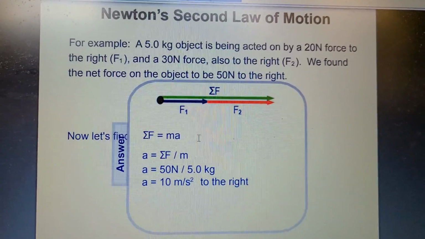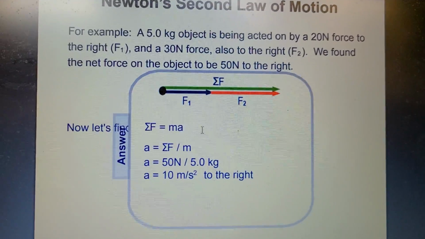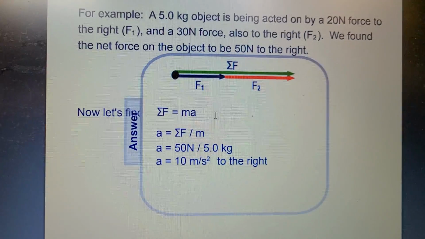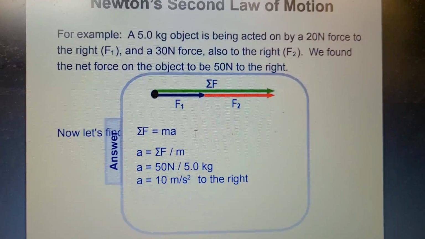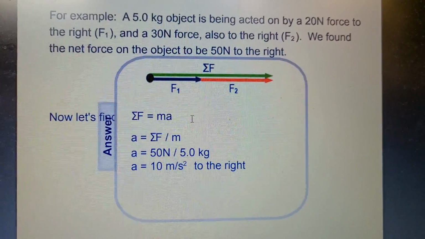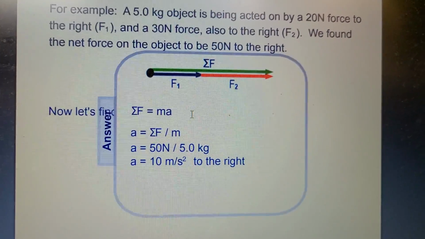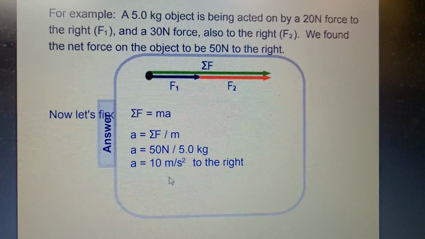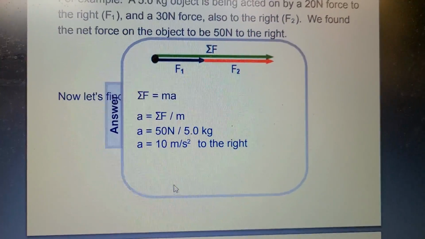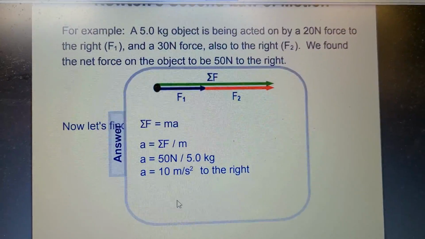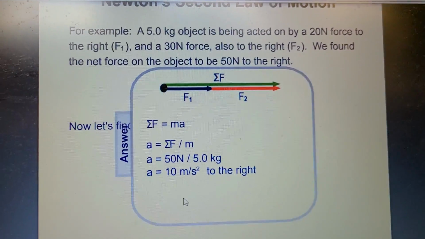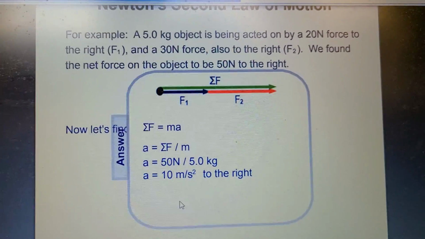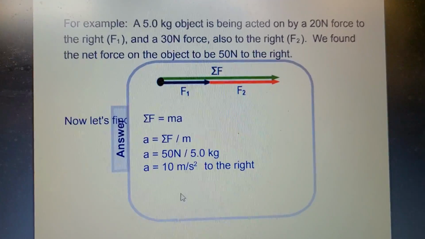That would be the new equation you use. So when you plug in the 50 Newtons and the 5 of mass, you're going to be dividing, because the opposite over here was multiplication. And when you divide, you should get 10 meters per second squared to the right, because that's the direction of the force, to the right, as the acceleration.